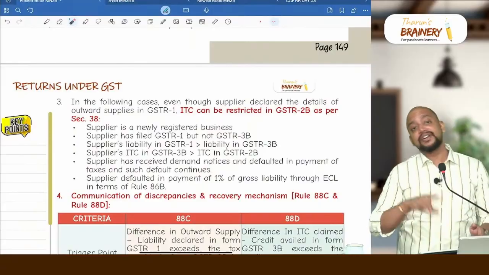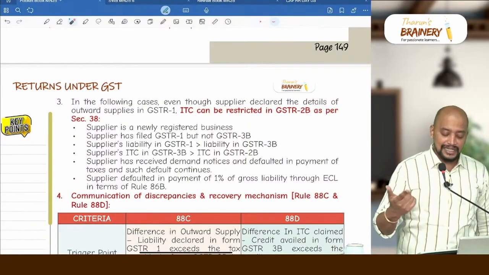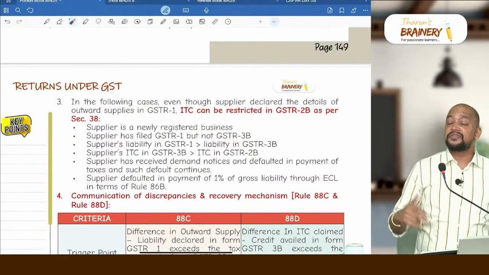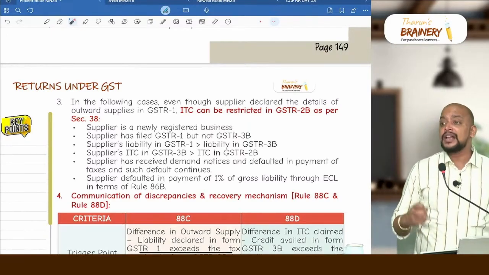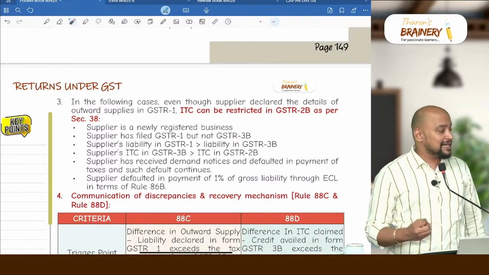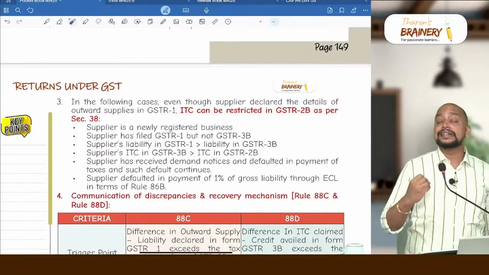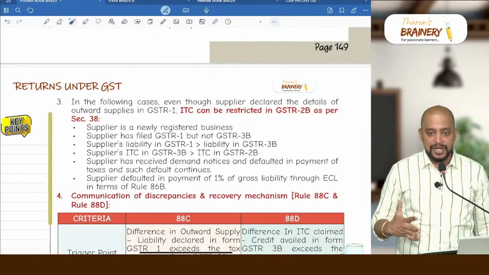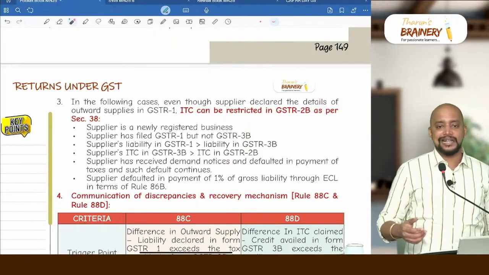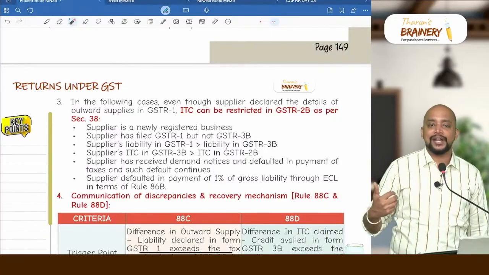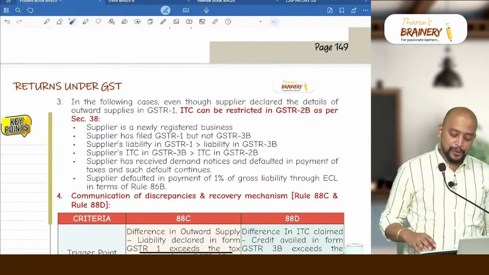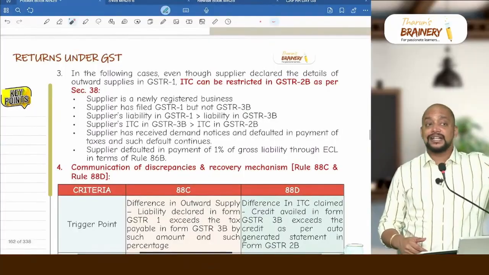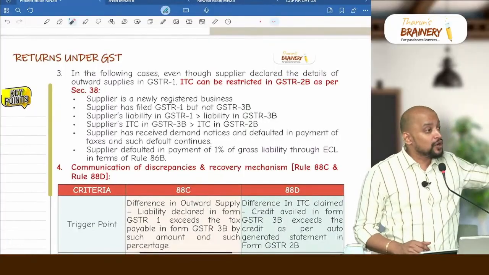If he has not filed 3B, that is already covered in the second point. But if he filed both, but the liability in GSTR 1 is greater than the liability in GSTR 3B, then even though he filed GSTR 1, we will not be able to take ITC because it will come under ITC not available.